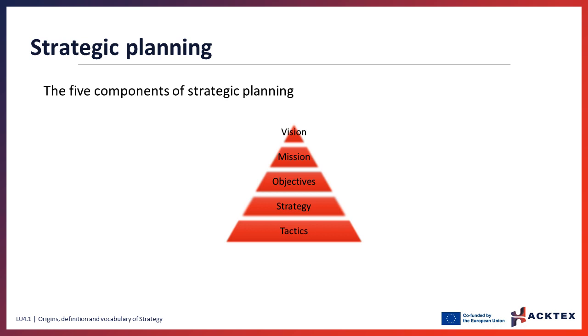Strategic planning in an organization involves the process of outlining its strategic direction, making choices about resource allocation, and ultimately working toward achieving its strategic objectives. There are 5 critical components in strategic planning: vision, mission, objectives, strategy, tactics.